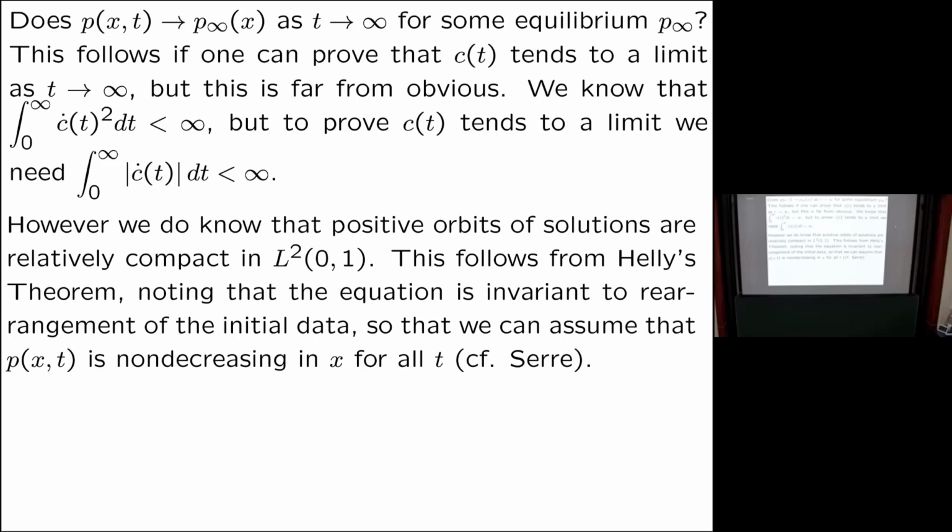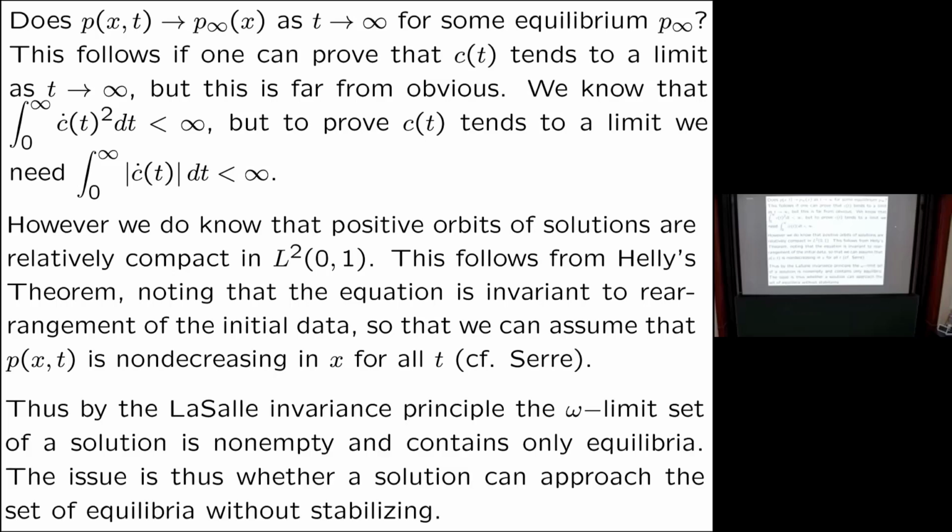And so the total variation is bounded, and you can use Helly's theorem to extract a pointwise convergent subsequence, and therefore you get relative compactness of the solution in L2. So by the LaSalle invariance principle, the omega limit set of a solution is non-empty and it contains only equilibria.